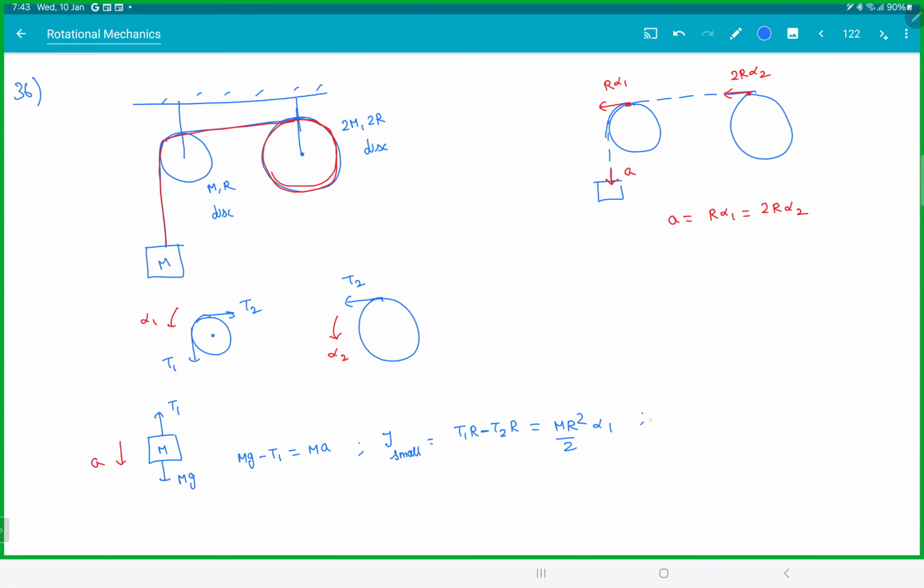And torque for the big guy would be T2 into radius is 2R. Moment of inertia is MR square by 2, but M is 2M, R is 2R, by 2 into alpha 2. Check your equations. If you got these equations, you're done. Now it is just a matter of solving. That's a pain. That you will see.